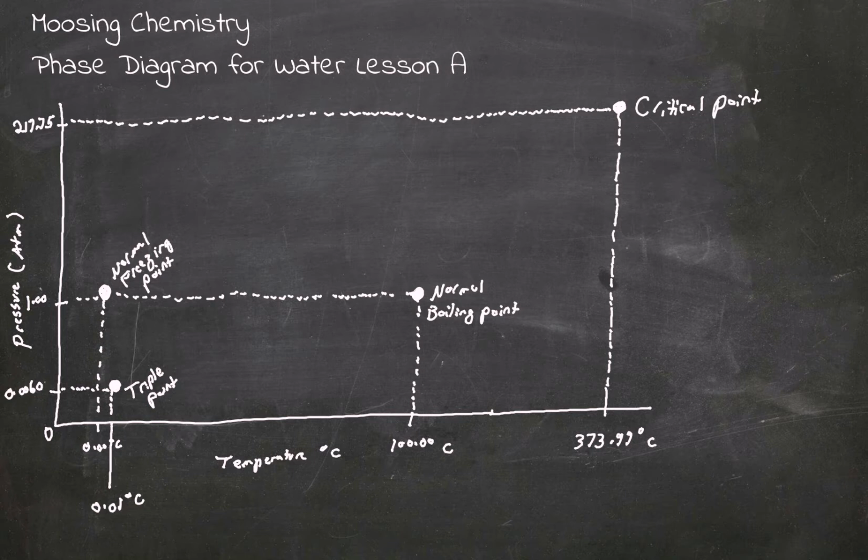Okay, so now let's look at these different states. We're going to draw a line and connect a couple of dots here. So we're going to go from here to here to there. And remember, right below 0 degrees Celsius, this is called point D, and this is the critical pressure.